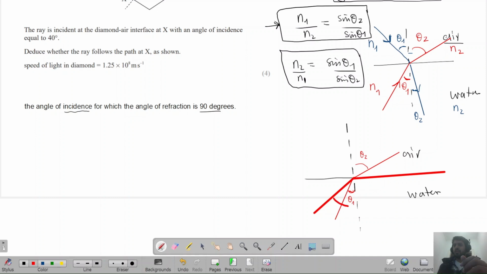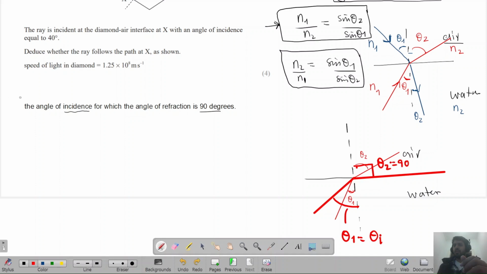So this angle of incidence is theta 1, or sometimes we call it theta I, and this angle of refraction is theta 2, and you can see this theta 2 is 90 degrees.